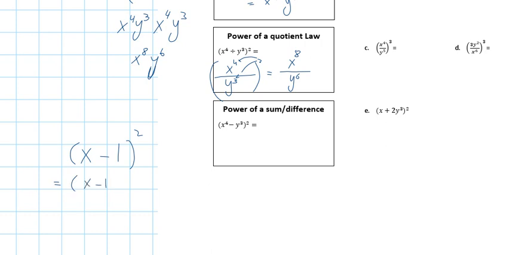FOIL, right? If I FOIL, I get x squared minus 1x minus 1x plus 1. Then I collect like terms, so I end up with x squared minus 2x plus 1. How many terms did I end up with here? 3.